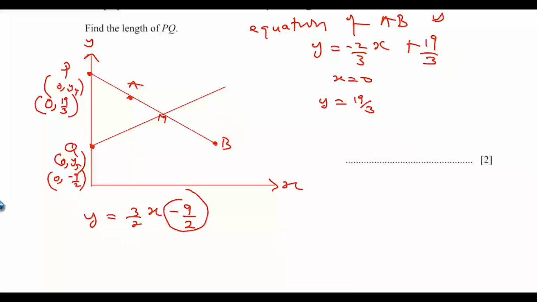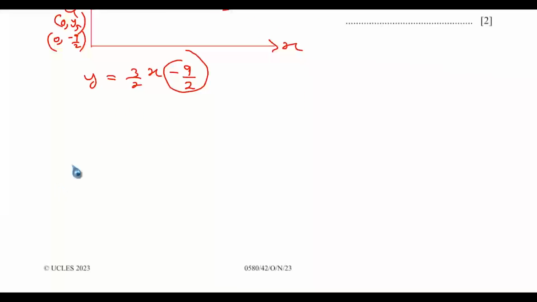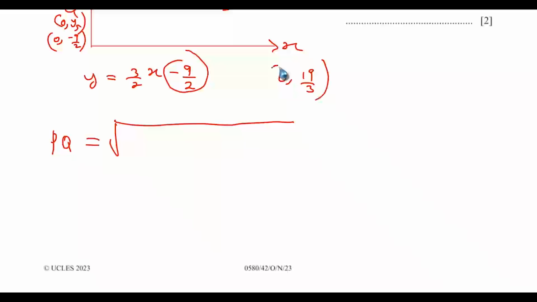Okay, so we can now use this to find the distance between PQ. It will be equal to the square root of, for point P, we have 0, 19 over 3. For point Q, we have 0, minus 9 over 2.